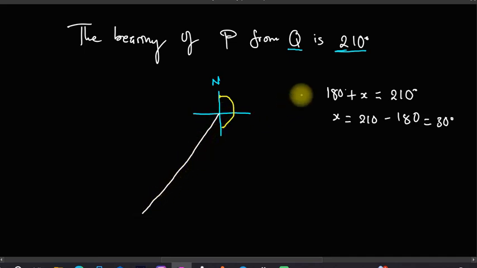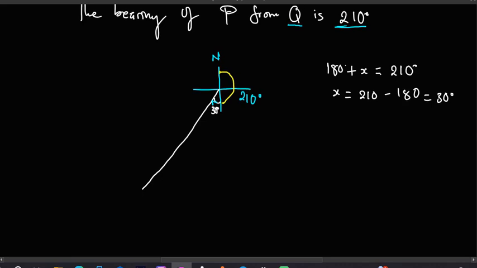So we can put our line somewhere here and just call this 30 degrees. But this entire angle is 210 degrees down to this point. Okay, so what is the bearing of P? To get the bearing of P, we just need to draw our X, and okay, I didn't draw that very well.